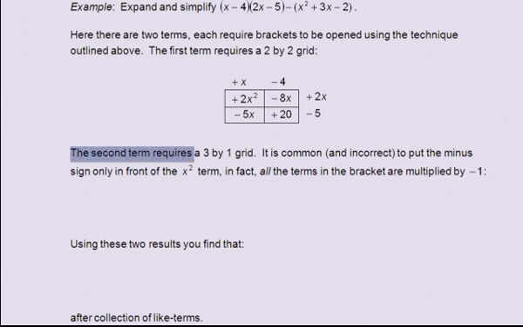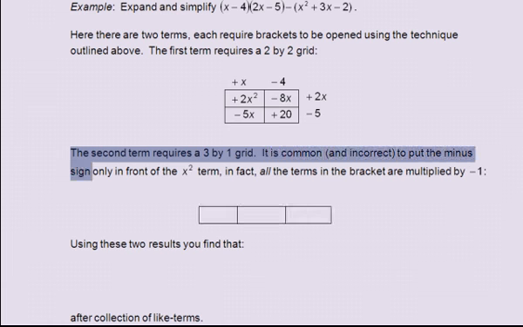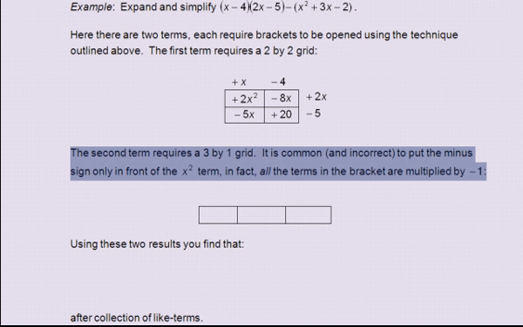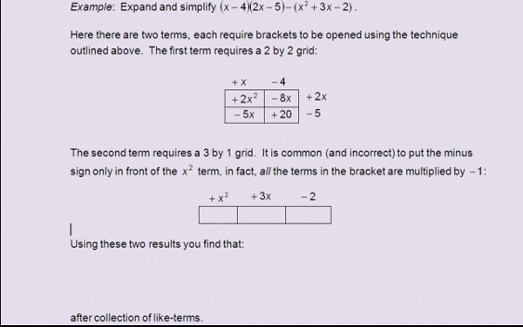The second term requires a 3x1 grid. It is common and incorrect to put the minus sign only in front of the x squared term. In fact, all the terms in the bracket are multiplied by minus 1. So the head of the columns has x squared, plus 3x and minus 2, and the row has minus 1.